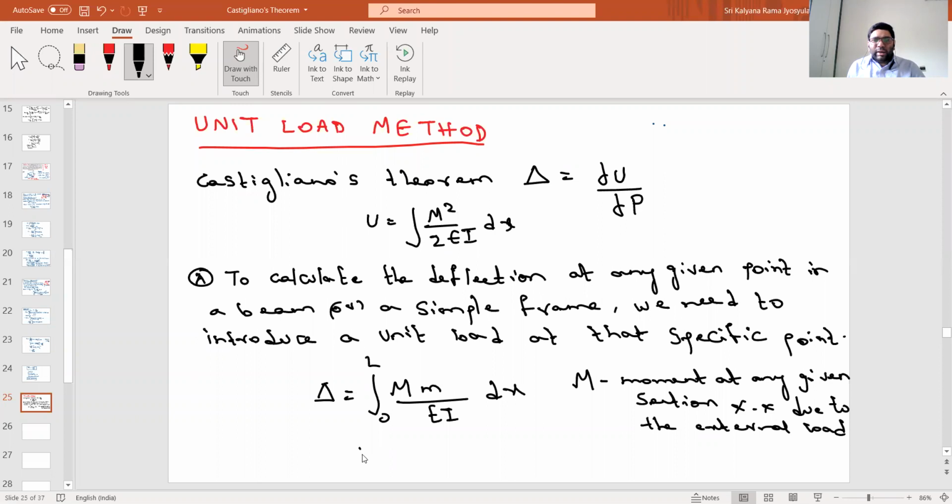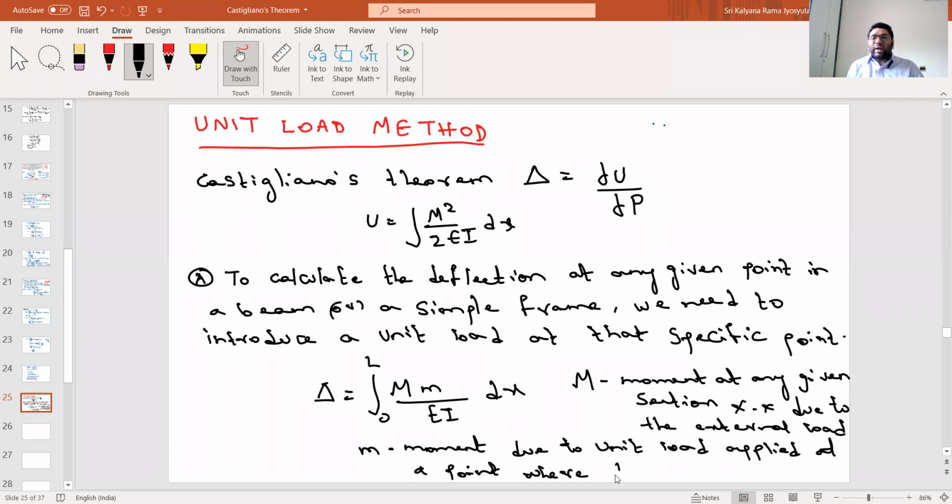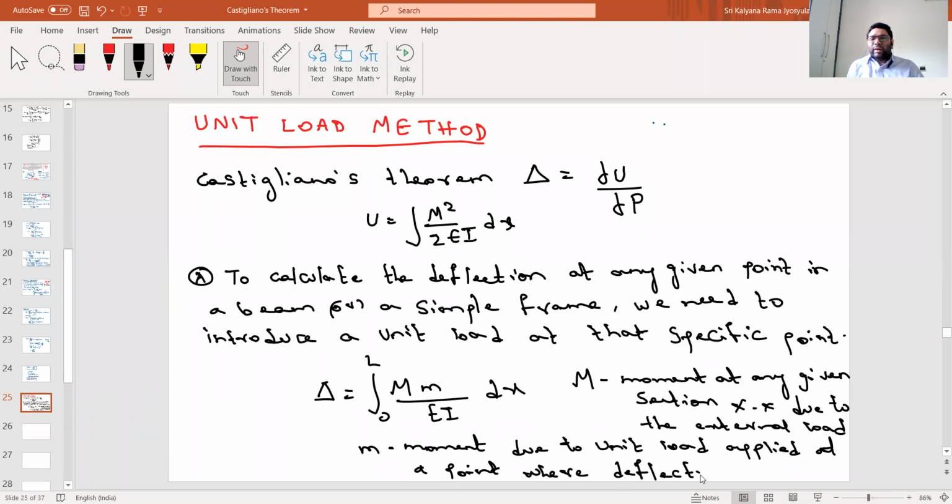What is small m? Small m is the moment due to a unit load applied at the point where the deflection is to be calculated.